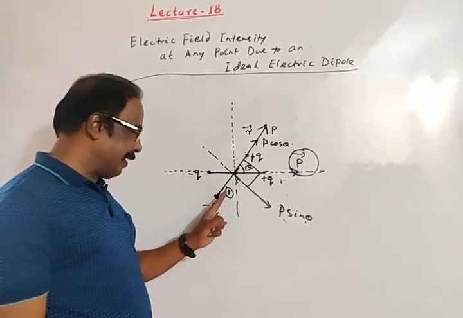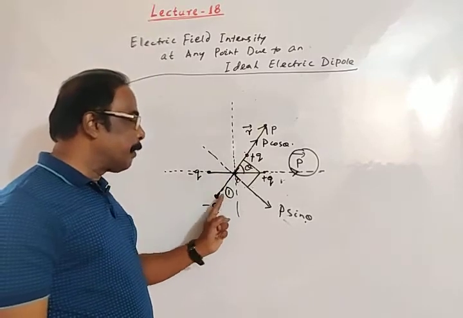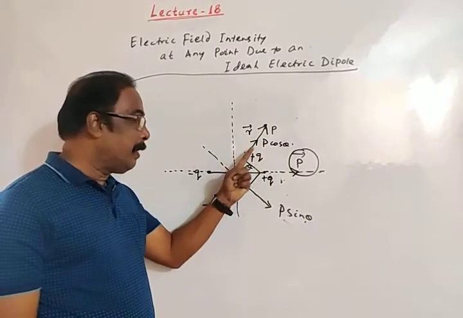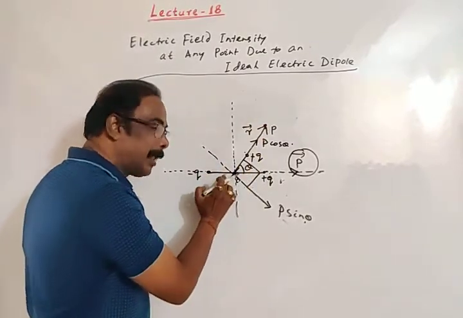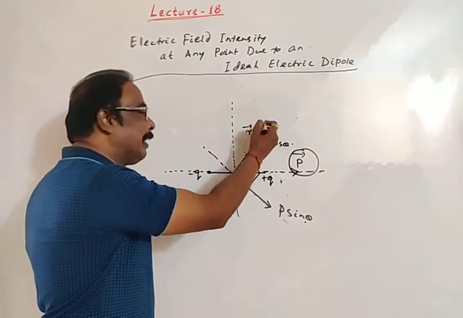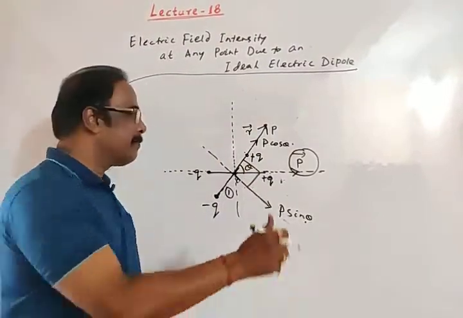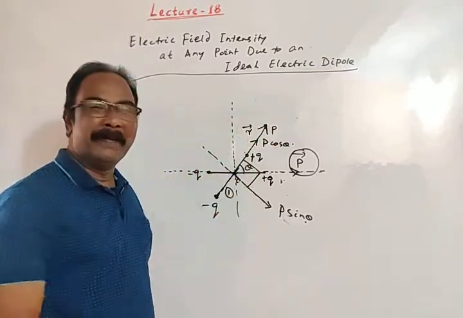For dipole number 1, dipole contains minus q and plus q, dipole moment is P cos theta. And see, P cos theta is along axial line of the dipole. Any point on axial line is end-on position. So for dipole number 1, point P is on its axial line.